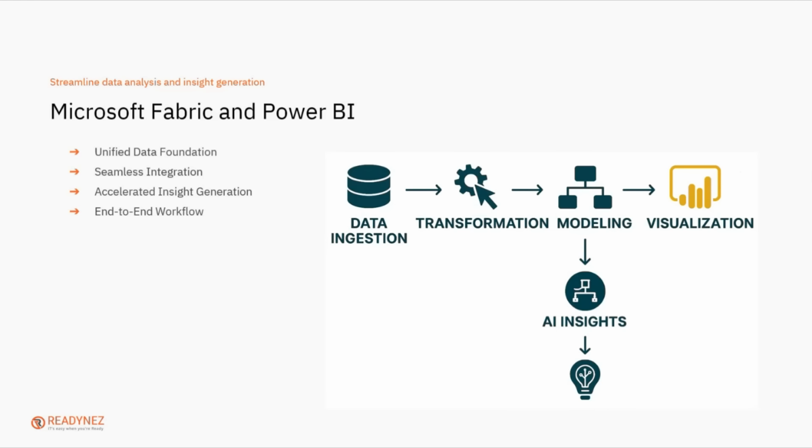We get a unified data foundation. Fabric provides a single lake, a lake-centric data lake. We talk about a thing called One Lake, where all of our data, both structured and unstructured, resides. First of all, it has a single architecture which covers all the different workloads.